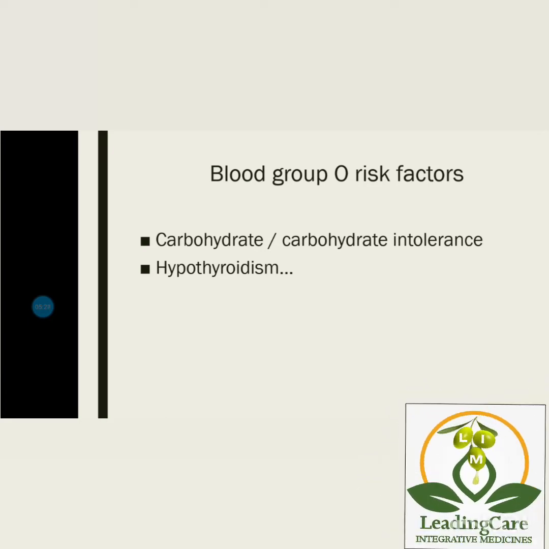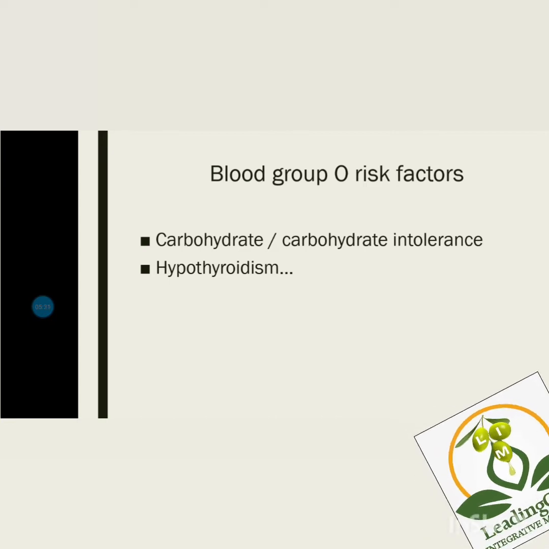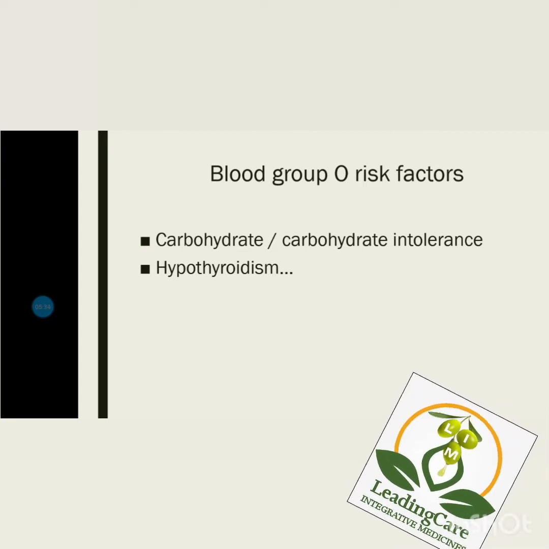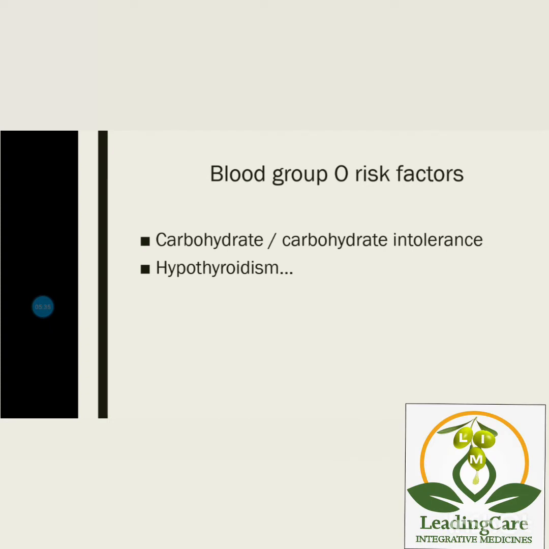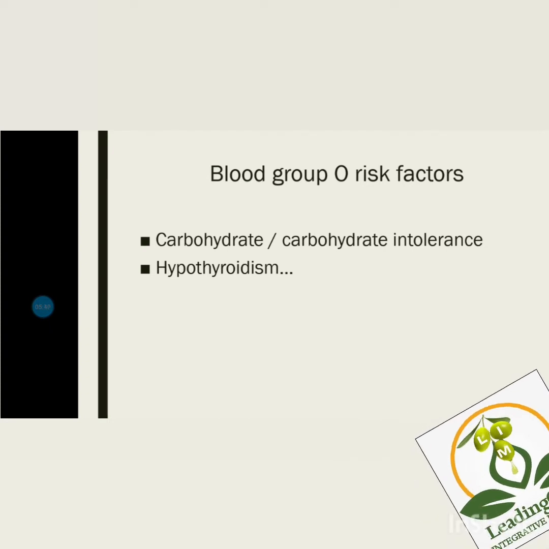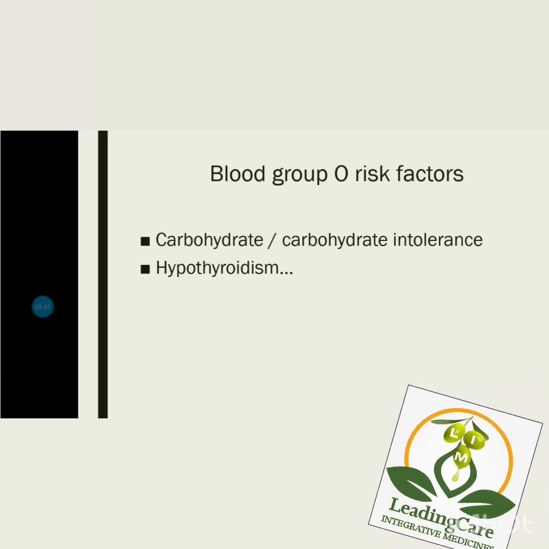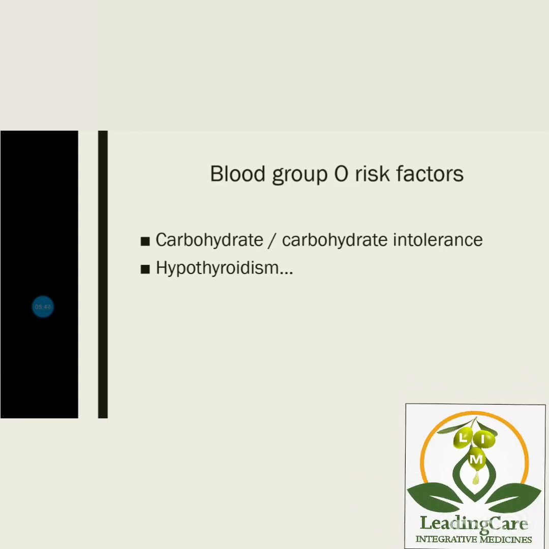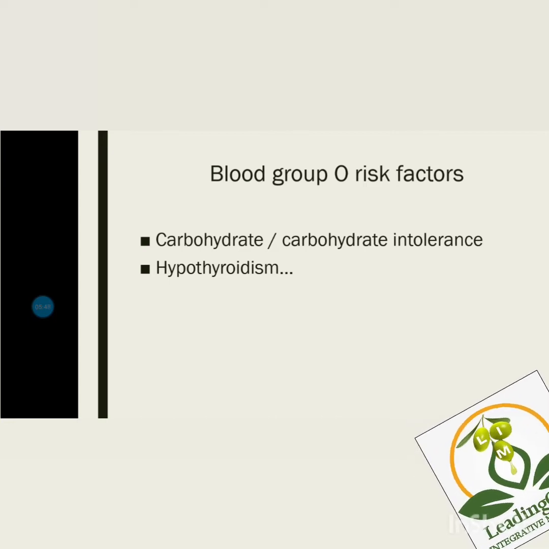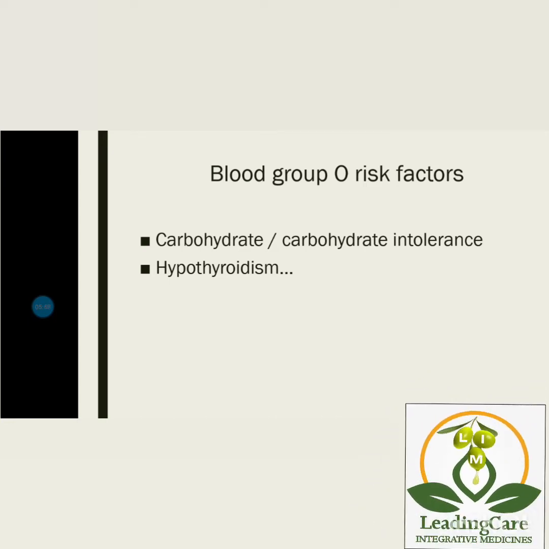So when you are talking about blood group O, their source of fat accumulation is not from fatty foods. They have a problem with carbohydrates. So that is number one. They also have a problem with hypothyroidism, with their thyroid glands.